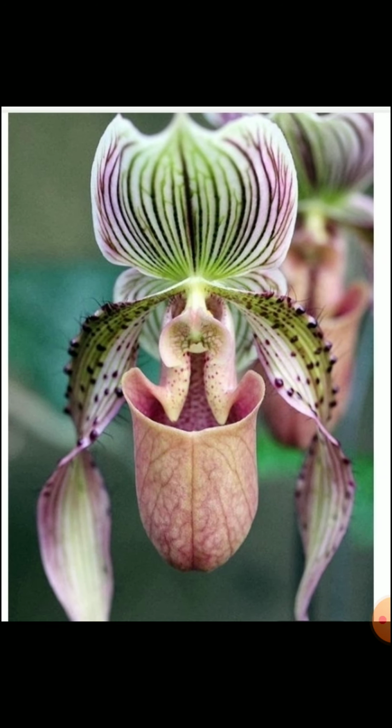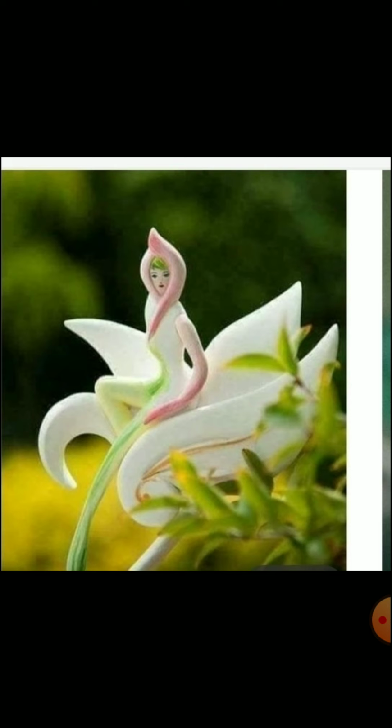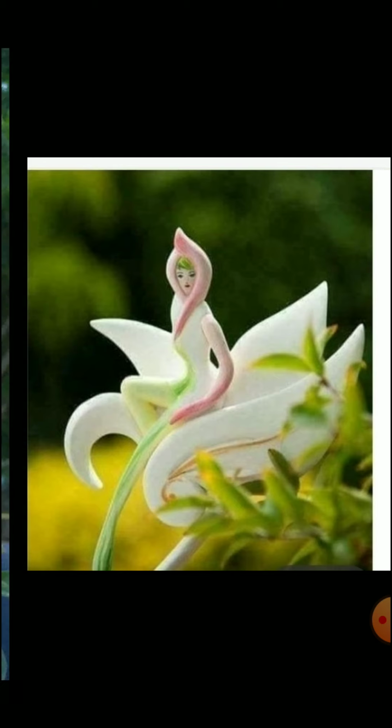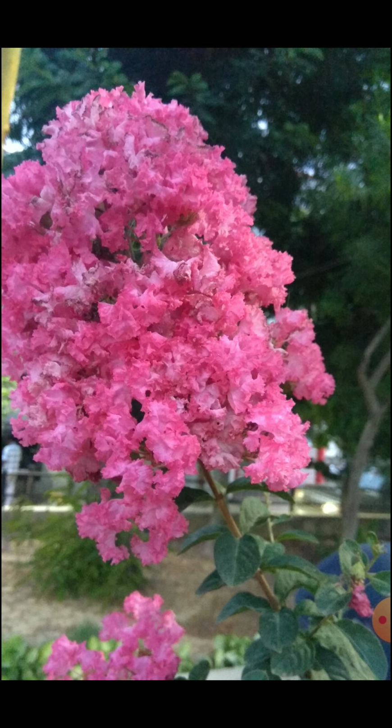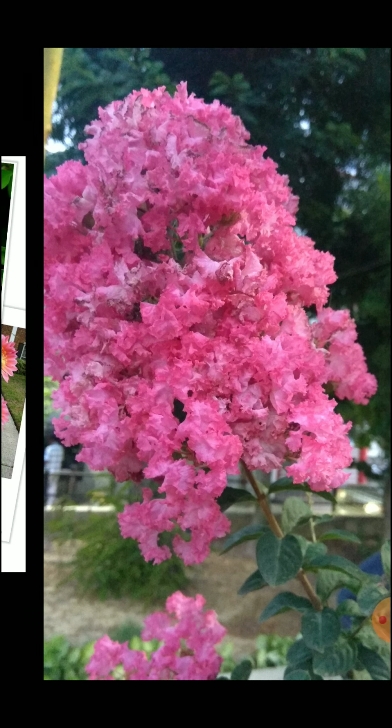It is an orchid. You may be surprised, but it is also a flower. Some insect pollinating flowers are arranged in an inflorescence.